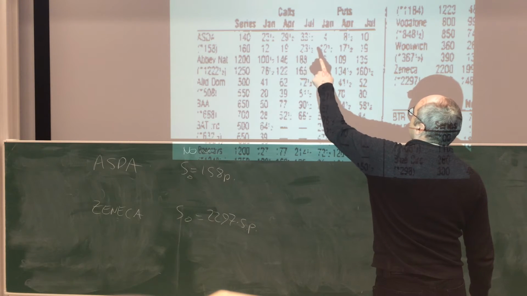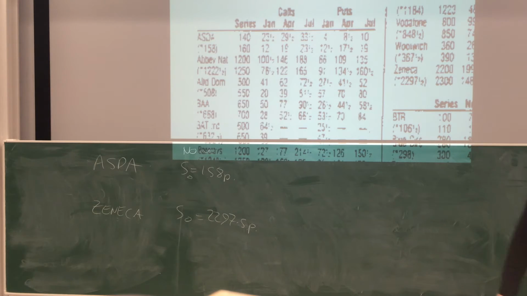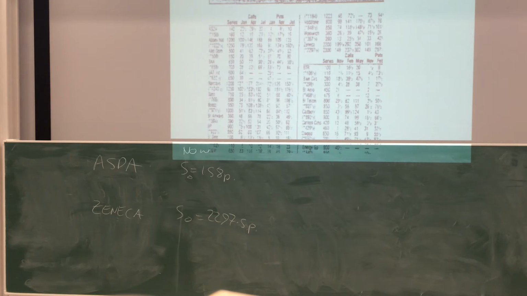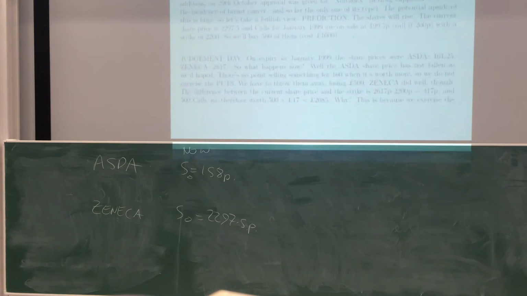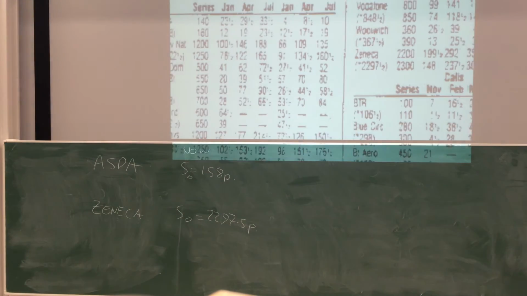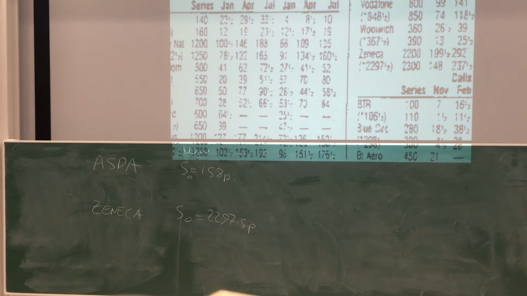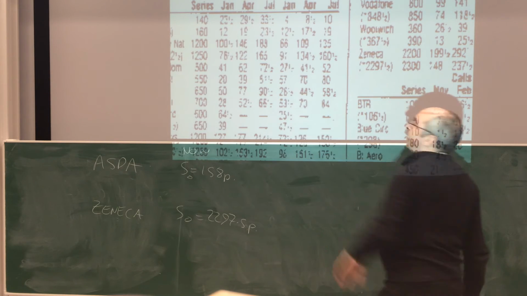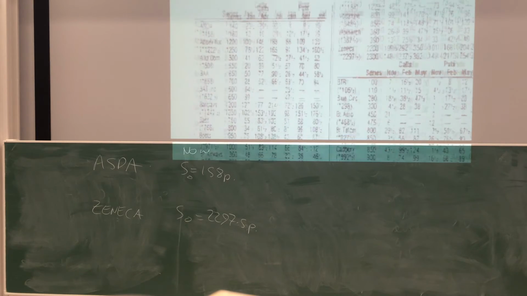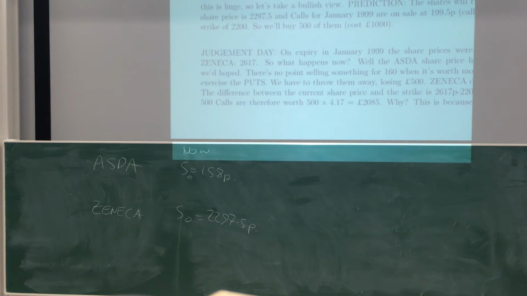A January put is 23.5p. Okay? So I'm looking to do a trade over the period till January. There should be 12.5. Oh yeah, sorry, there's a January put at 12.5p, sorry. Put January 12.5 here, okay?